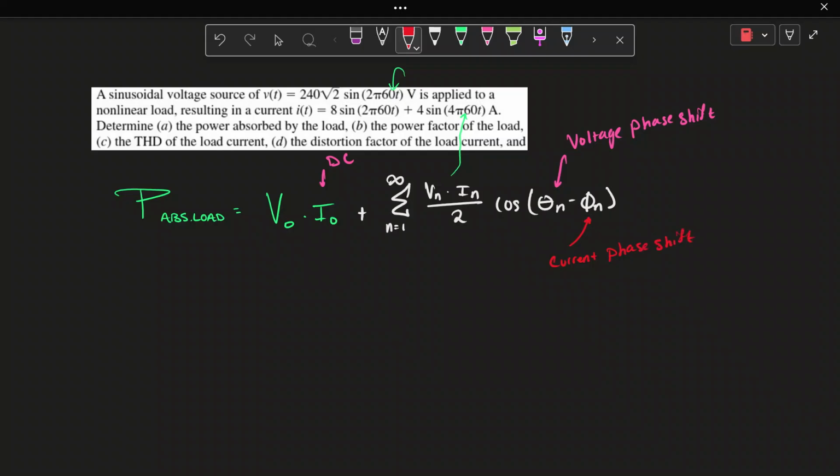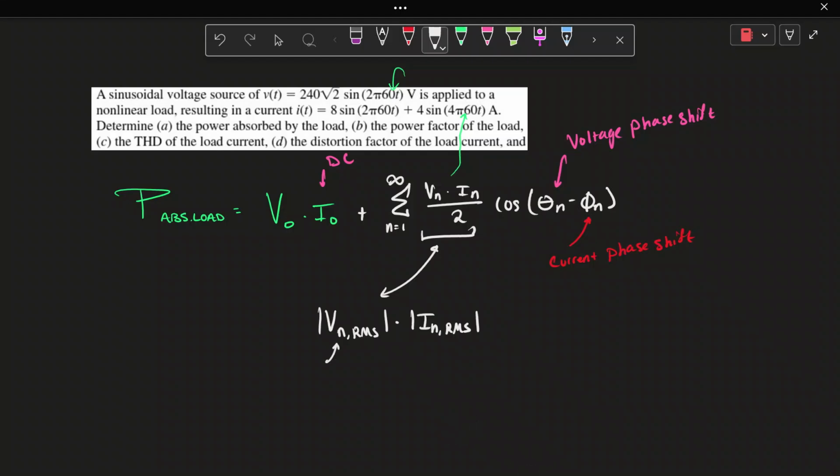Another way you can write this equation is that Vn over 2 can be rewritten as not V RMS, but Vn RMS times In RMS. So if you are in the exam or any type of problem and are given RMS values for the sources and the load current, you can use this equation.